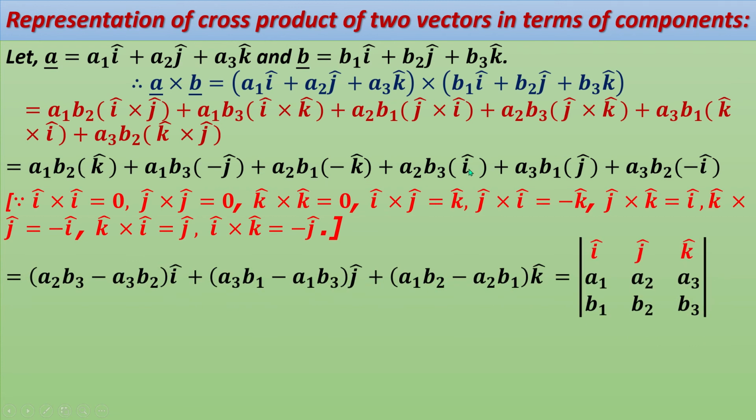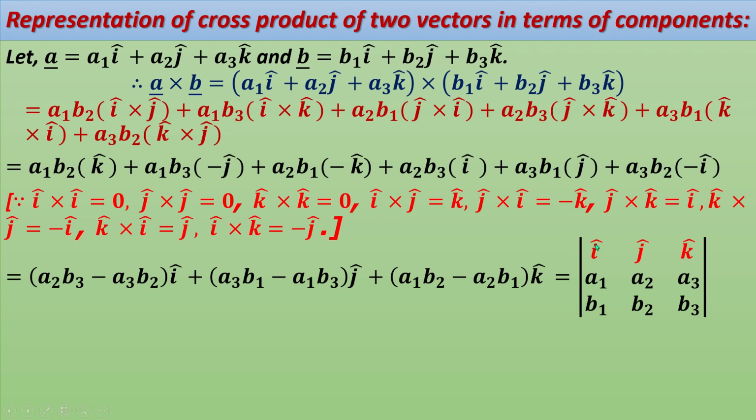Okay, now take common i vector. When we take common i vector, here will be a2 b3 minus a3 b2. Similarly, when we take j vector we can write a3 b1 and a1 b3, plus a1 b2 minus a2 b1 into k vector. And this we can write using a determinant: i j k, a1 a2 a3, b1 b2 b3.